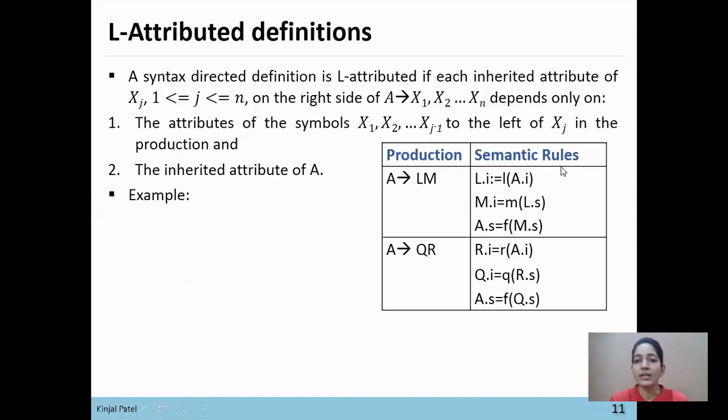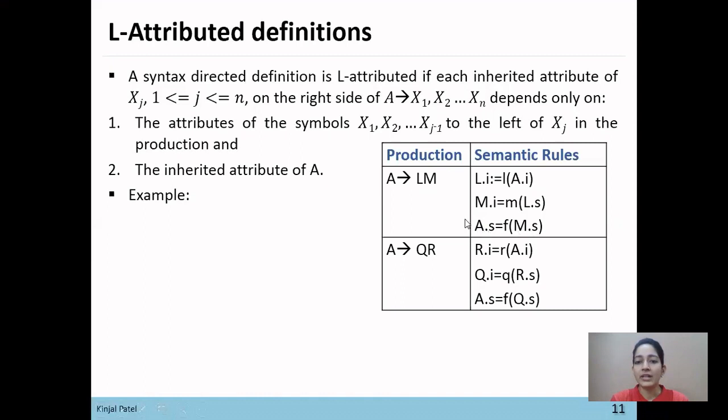first semantic rule is according to the rule of L-attributed definition. Now second, M.i depends on the L.s. Means here M depends on the left sibling. So the second rule also follows the rule of L-attributed definition. Now third semantic rule is A.s depends on the M.s. So if A is synthesized attribute, then it can depend on any of its child.